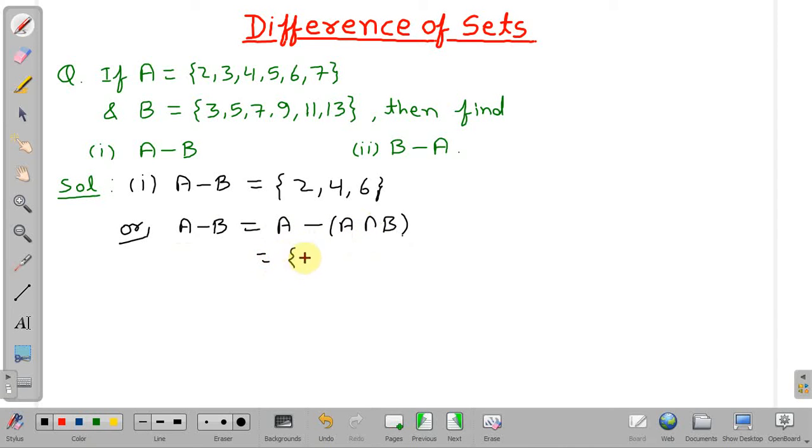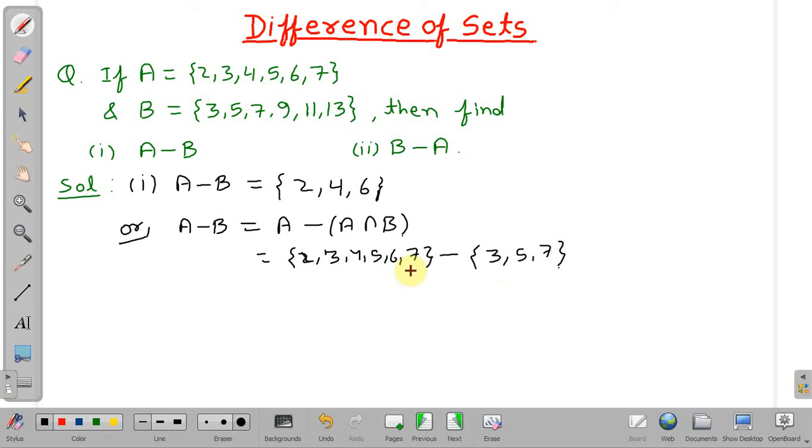So we can write elements of set A: 2, 3, 4, 5, 6 and 7. And from this we have to subtract elements of A intersection B. So for that we have to find A intersection B. If you see 3, 5 and 7, these are common elements, so A intersection B will be 3, 5 and 7.